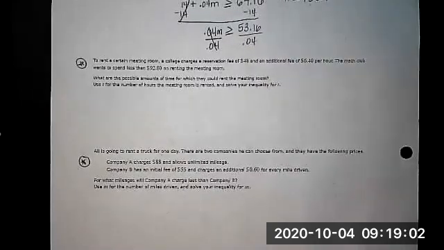To rent a certain meeting room, a college charges a reservation fee of $48 and an additional fee of $6.40 per hour. The math club wants to spend less than $92.80 on renting the meeting room.